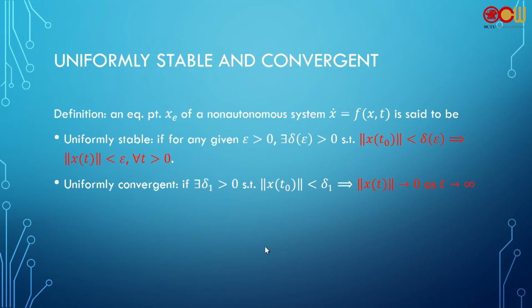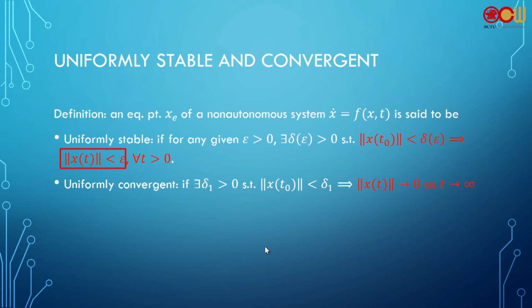So what is uniform? Uniform usually means it doesn't depend on time. Uniformly stable is defined as: given any epsilon greater than 0, there is another delta, a function of epsilon, also greater than 0, such that if the initial condition is bounded by delta epsilon, then x of t will also be bounded by epsilon for all time.